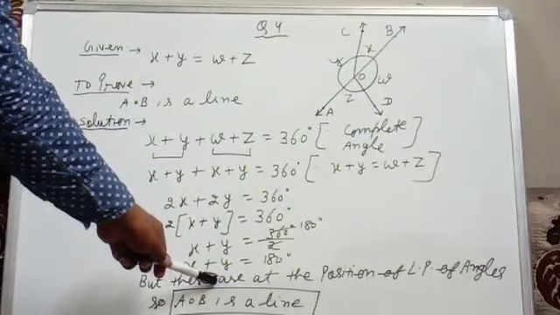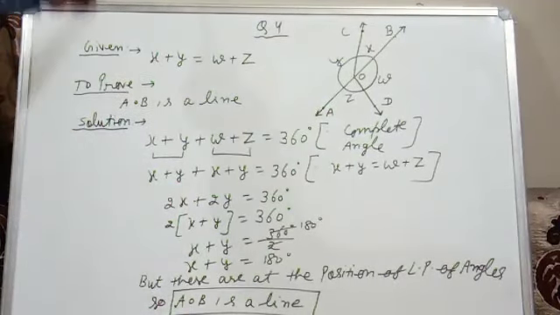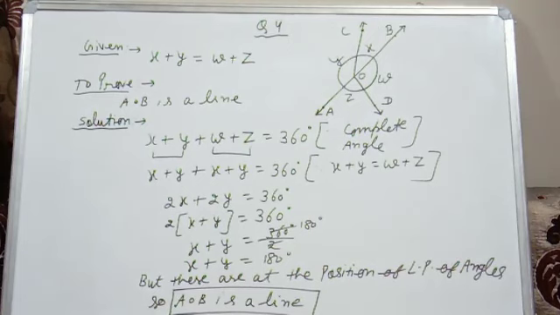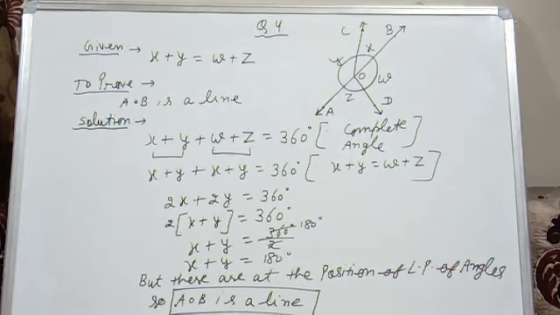If these are at the position of linear pair of angles, then we can say OB is a line. So in this way, if a line is given, the sum is 180. If the sum is 180, then we can say that it is a line, which means the result is reversible. We can use it both ways: if a line is given, the sum is 180, or if the sum is 180, then that is a line.